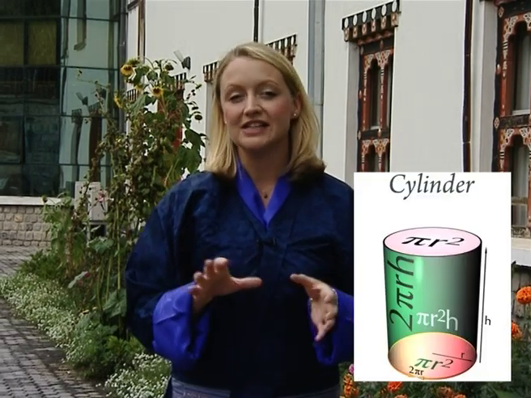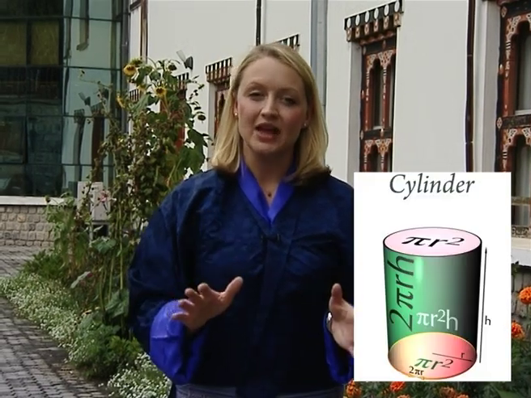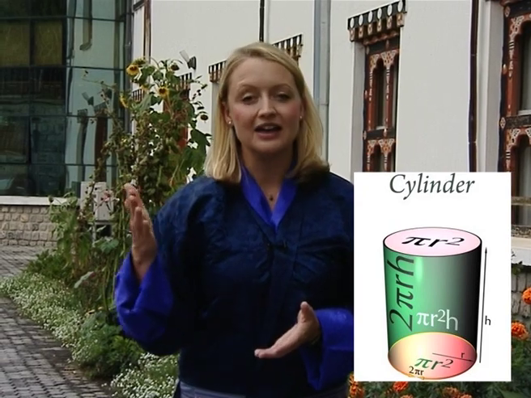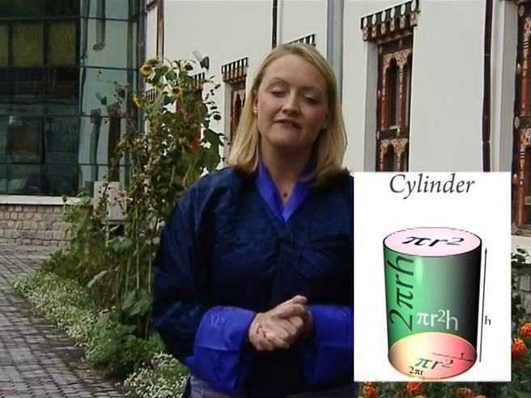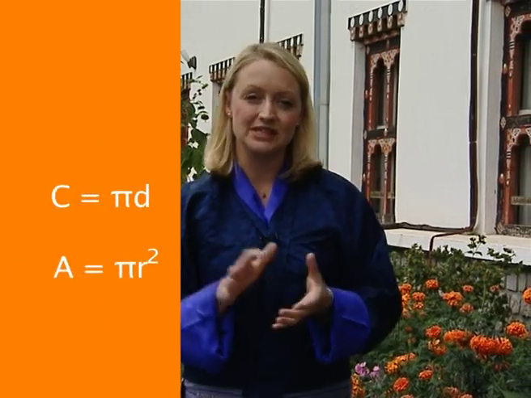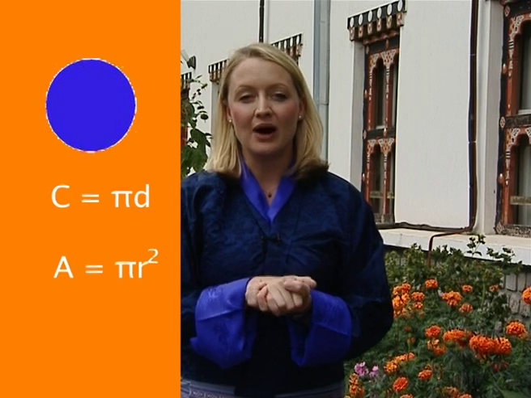And finally, as our super challenge, we looked at calculating the surface area of a cylinder. And to do this, we had to learn and revise skills such as finding the area of a circle, finding the circumference of a circle, and then working out what the net of a cylinder would look like, and finally calculating the surface area. An awful lot that we've been through in today's programme.